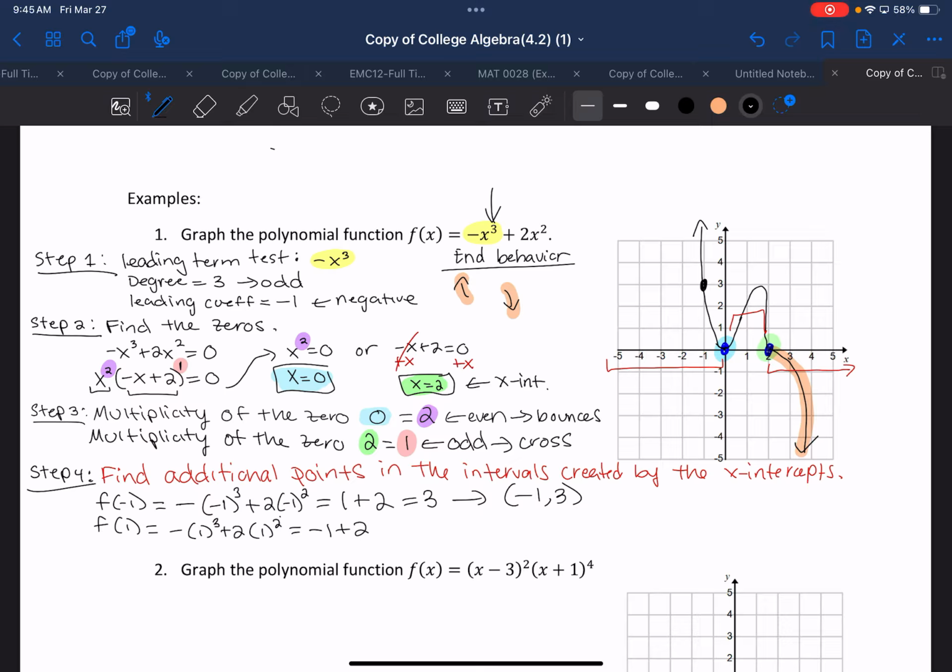So that would be negative 1 plus 2, which is just positive 1. So that just gave me the point 1, comma 1. So I plugged in 1 for x, and I got 1 as my output. So now I can erase this little thing I did here and do it more accurately and plot that 1, comma 1. And so it should look something like that more accurately.